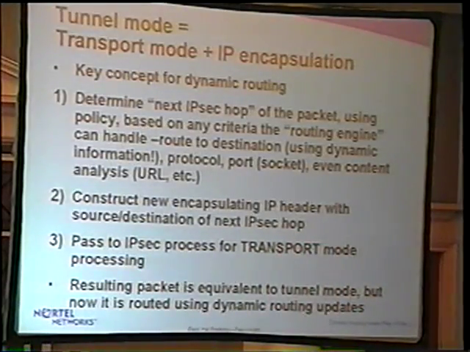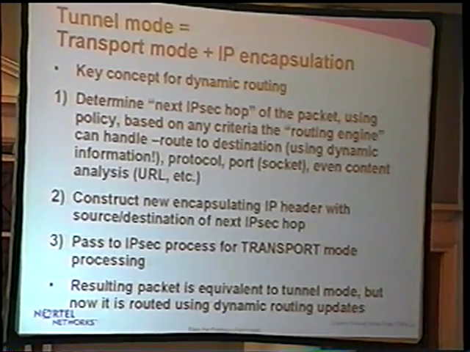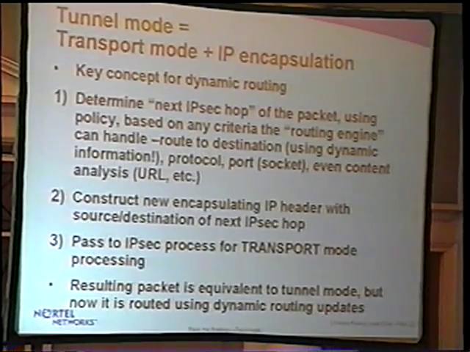Okay, the next thing I want to focus on is the fact that tunnel mode, which is a requirement for gateway-to-gateway IPsec, is the same thing as transport mode with IP encapsulation. This is a key concept for dynamic routing. You use your routing to determine the next IPsec hop, in other words, the next IPsec gateway that the packet's going to go to.